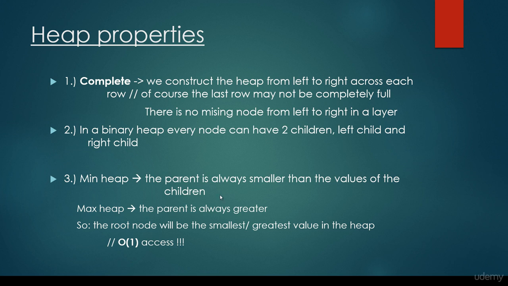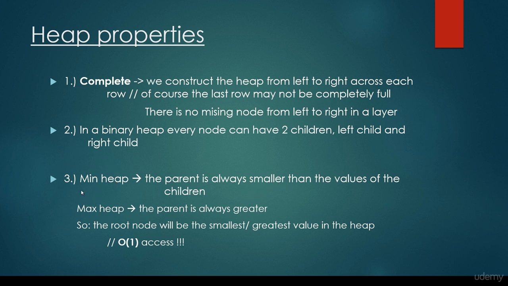Why is it important? Because we know for certain that the root node will be the smallest or the greatest value in the heap. Of course, it depends whether we have implemented a minimum heap or a maximum heap. Why is it good? Because usually for applications such as shortest path algorithms, we are looking for the smallest distance possible.